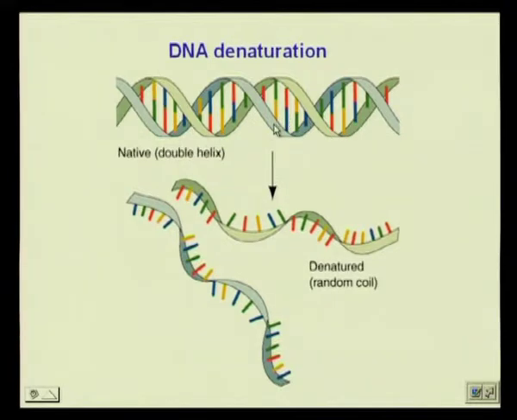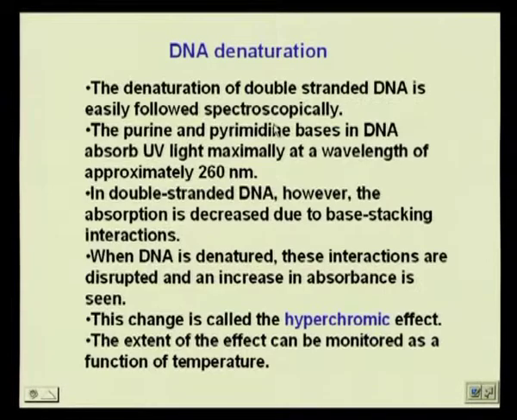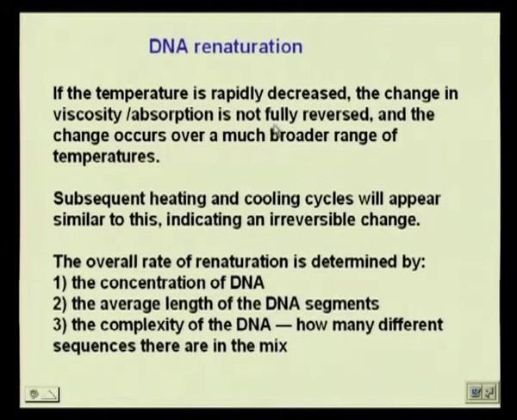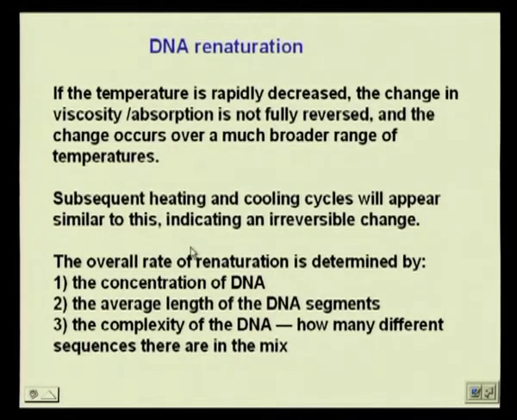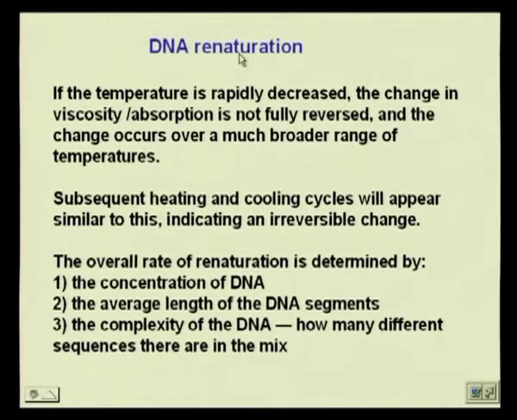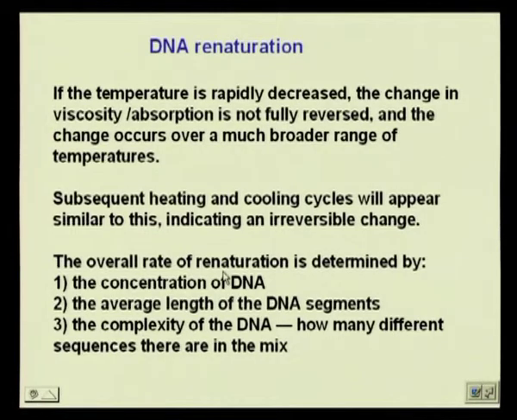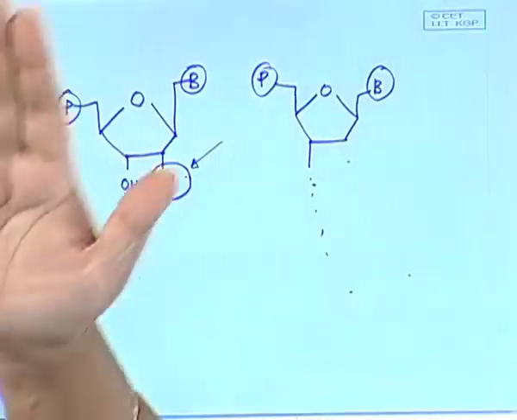So, what happens is, with increase in temperature, with certain agents also, it is not possible for the renaturation of DNA. The overall renaturation actually depends upon the average length of the DNA segments. Okay? If the segments are small, there is a possibility that they are going to find the complementary base strands and join up to form the double stranded helix.